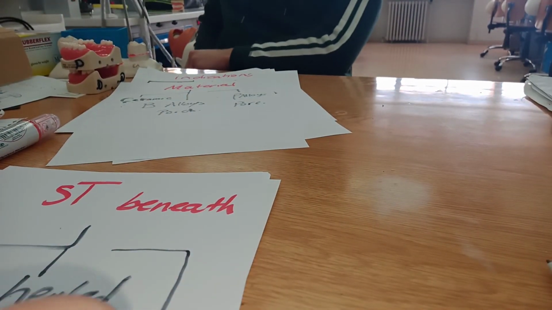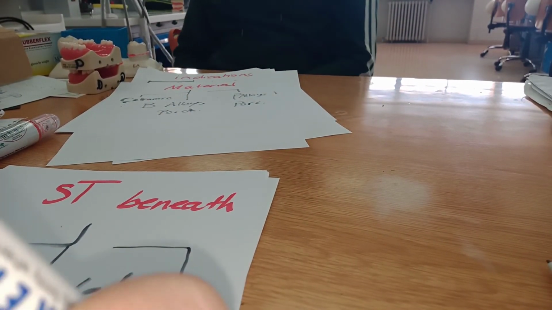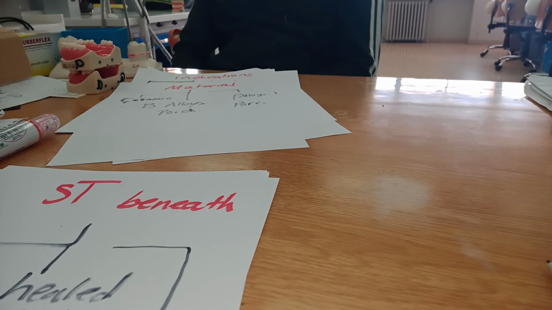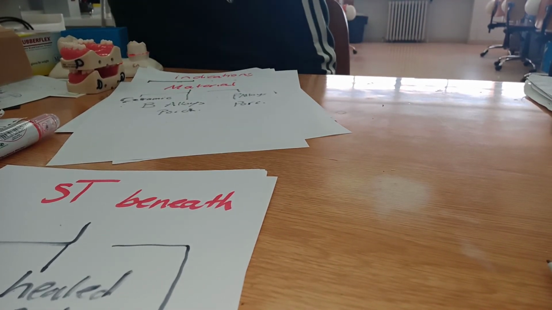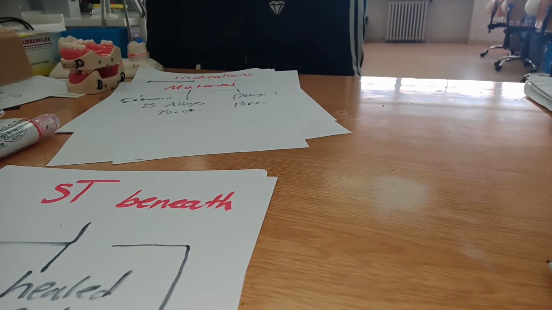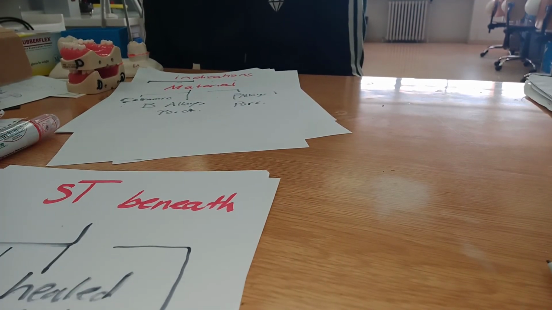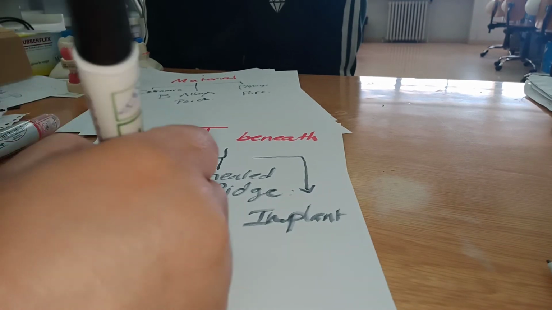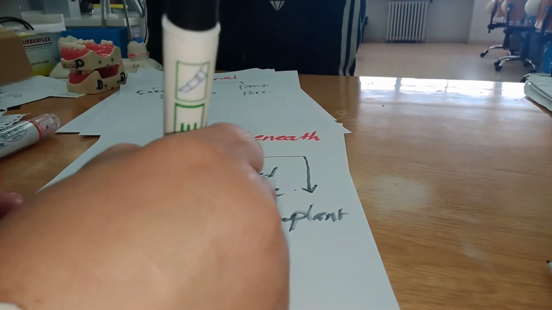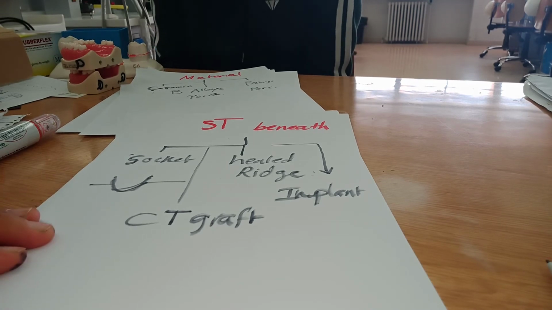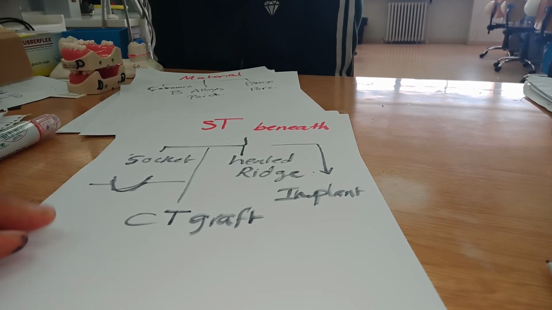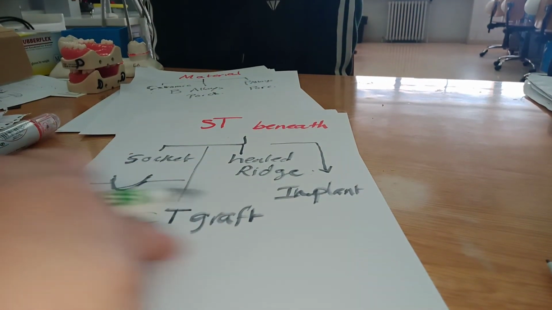There's an implant. If there is an implant, the Pontic will also aid in the design of the soft tissue and in maintaining the interdental papilla. Or there could be a connective tissue graft. If you want to shape and increase the depth or thickness of the soft tissue beneath it, we're going to place a connective tissue graft beneath it.